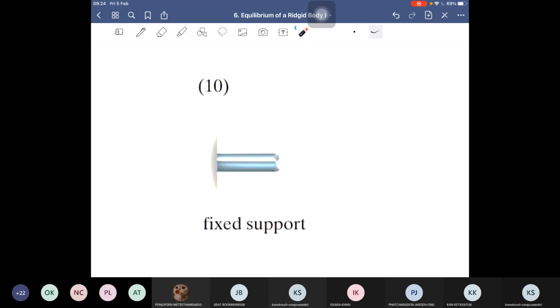So if this slot has one weight, the possible rotation is in the clockwise direction. Then the support must create one couple moment to resist this rotation, that is in the counterclockwise direction.